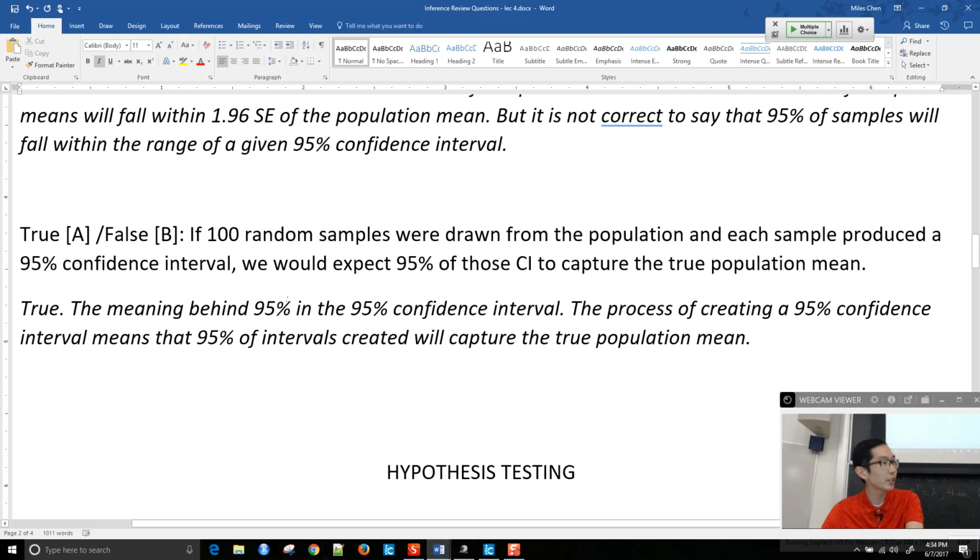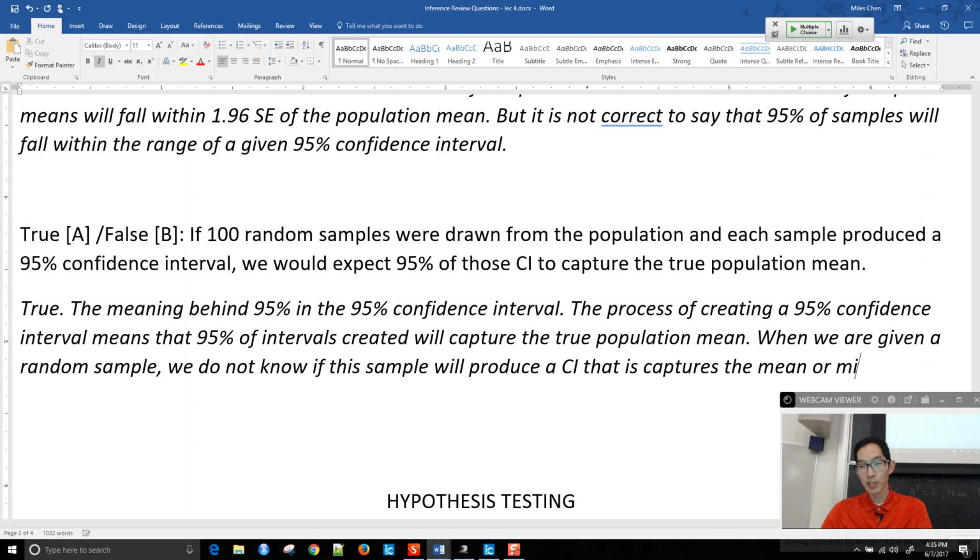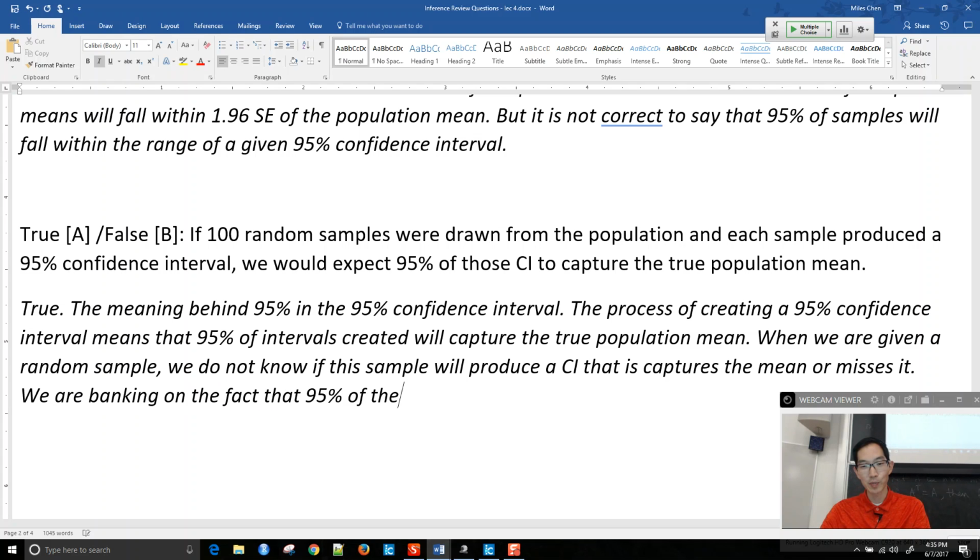Okay? When we are given a random sample, we do not know if this sample will produce a confidence interval that captures the mean, or misses it. We are banking on the fact that 95% of them do capture the mean.